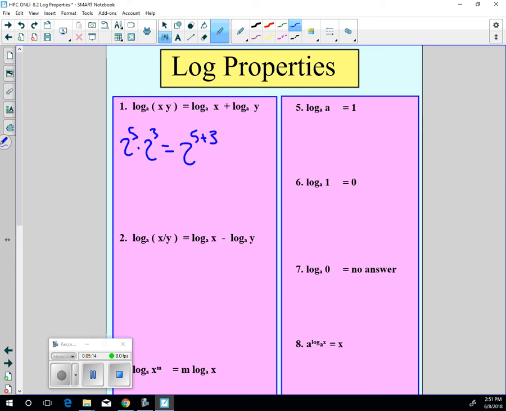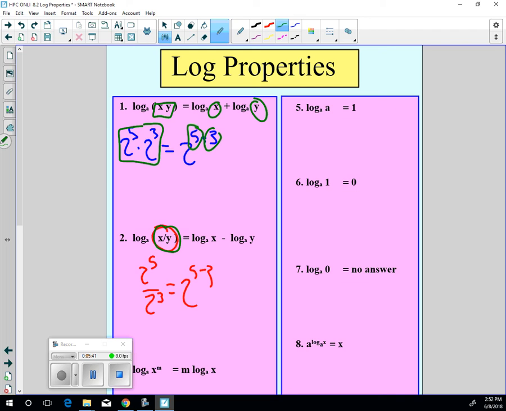So logs are exponents. Do you see how these two being multiplied give you the sum of the log of x and y? Likewise, when you divide 2 to the 5th over 2 to the 3rd, you get 2 to the 5 minus 3. Well, here's your division part, and then here's your subtraction part.